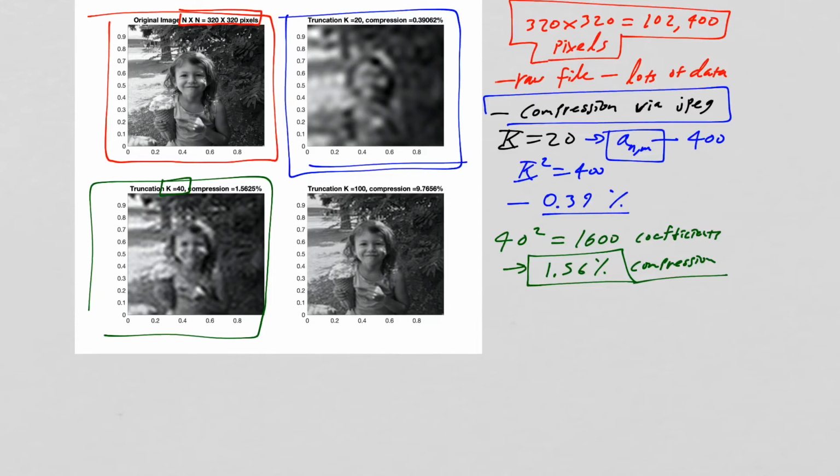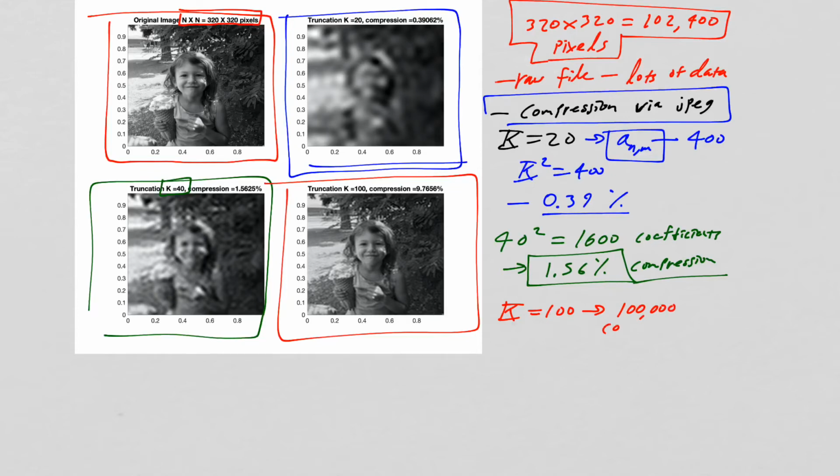So now, of course, let's go to the final one here, in the lower right hand corner, and that's going to be K equal to 100. So what we have here is 100,000 coefficients.